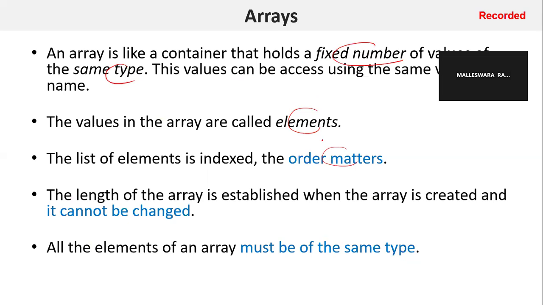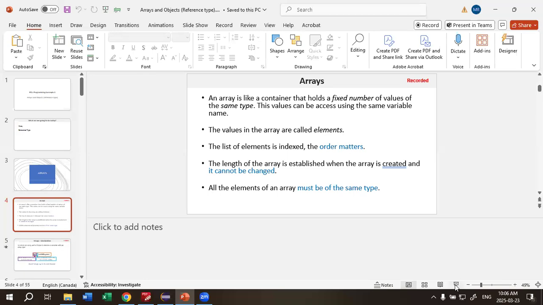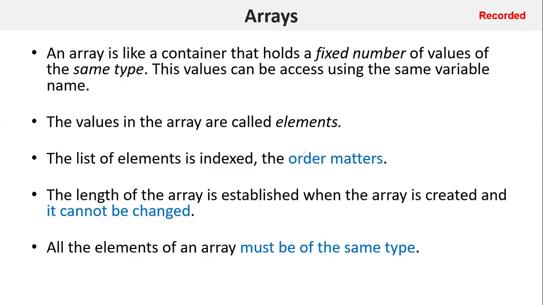So x[0], x[1], the first one, second one, third one, like that. Once you create an array, the size cannot be changed.